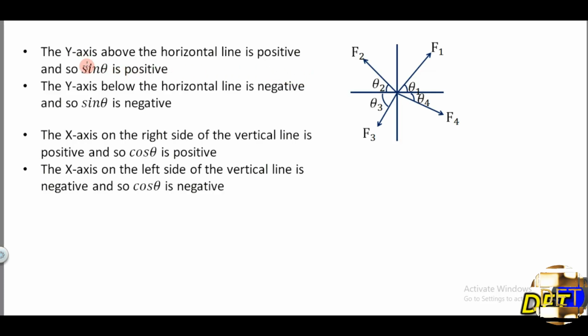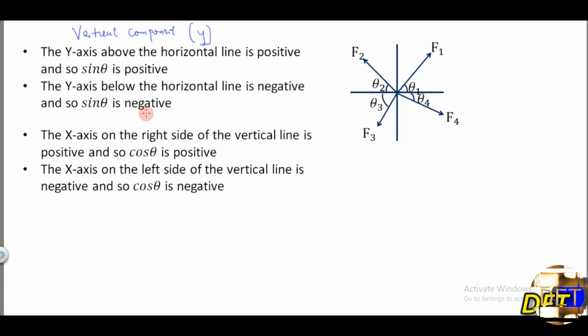In looking for the resultant of more than two forces, it is very important that you note this. For the vertical component, which we represent as y, the y-axis above the horizontal line is positive, and so sine theta is positive. The y-axis below the horizontal line is negative, and so sine theta is negative.